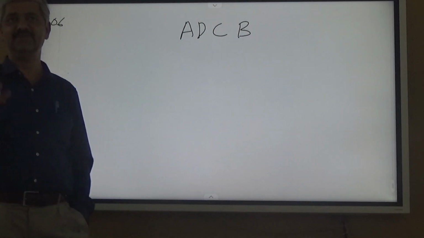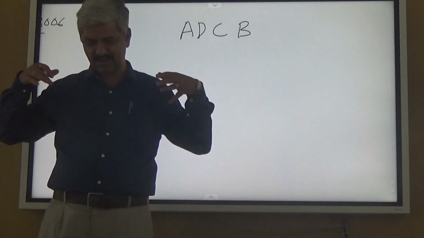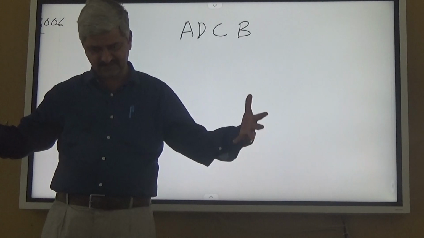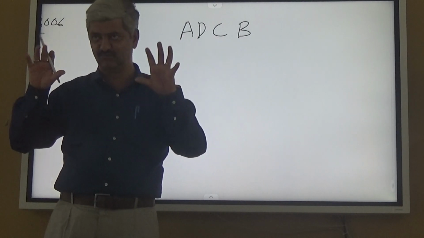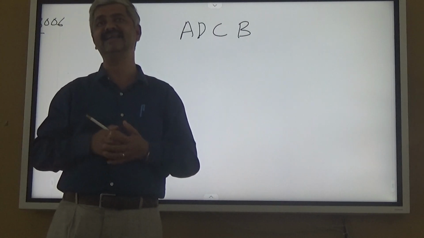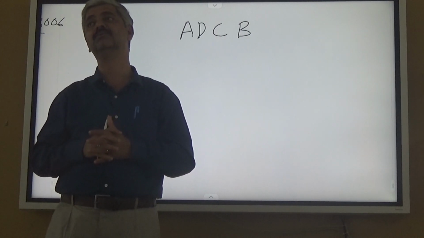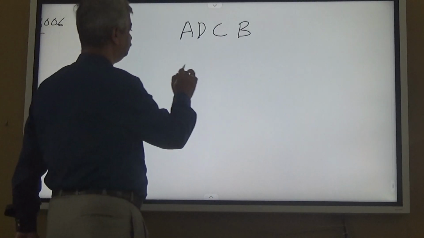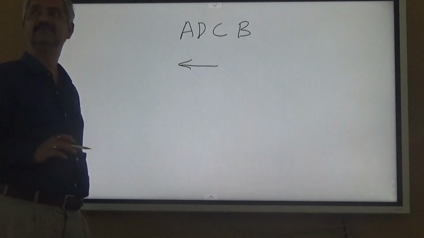Anyway, I think I have created a situation where the justification of these instructions was needed. Now what will the instruction be? ADC B. What will it do?